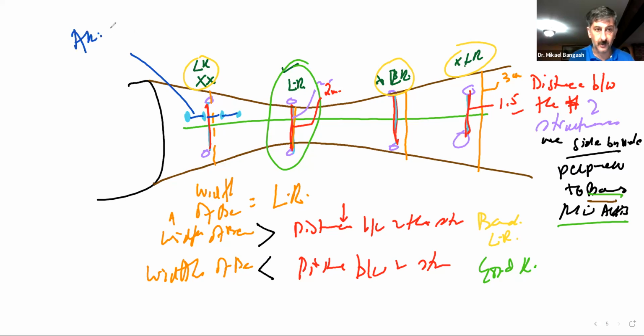That's going to be the numerical value of the axial resolution, which was the spatial pulse length divided by 2.